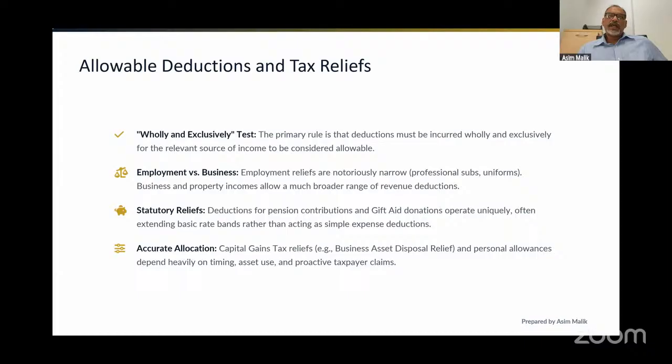So an expense can be claimed if that payment or that expense is wholly and exclusively for the business. So, for example, a person is driving a van for the work. That is basically wholly and exclusively for the business.